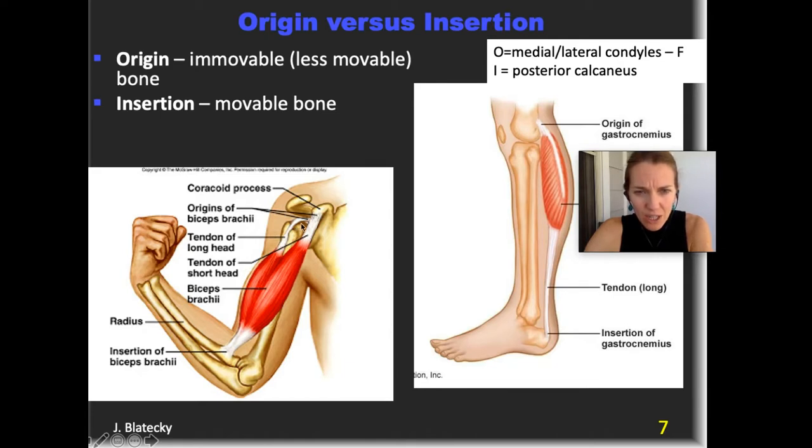You can see the origin here is going to be on another aspect of the scapula. So these are the anchor points. This is what the muscle is going to hold on to. It's going to hold on to this while it pulls on this. Muscle cannot push. It can only pull.